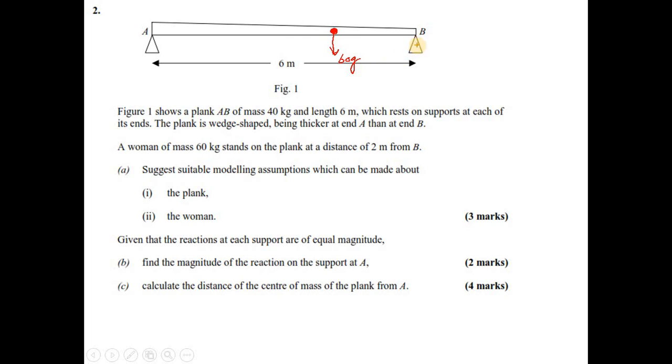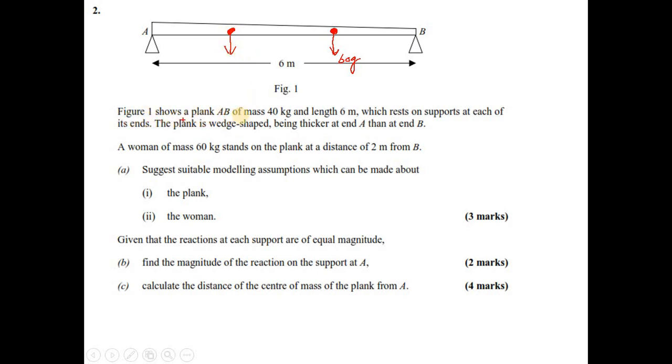And there is another force acting on the plank, which is the weight of the plank, and of course it is non-uniform, so the center of mass of the plank will be towards the thicker end. So I'm assuming that this is the point where the center of mass is acting. So this is the force.